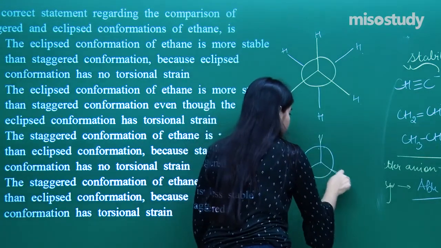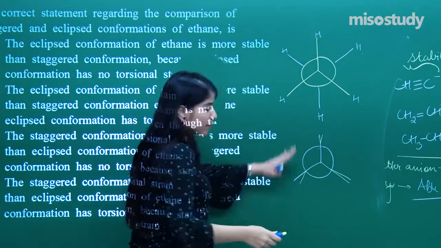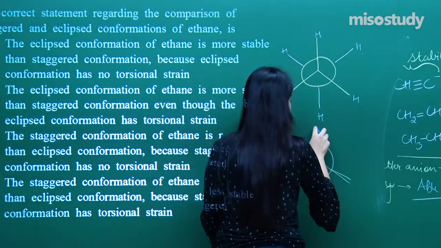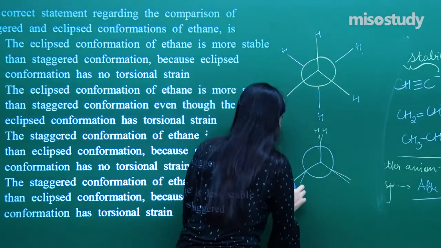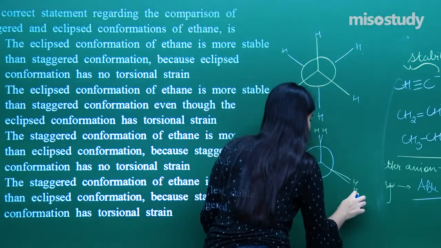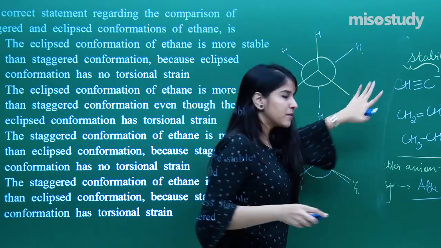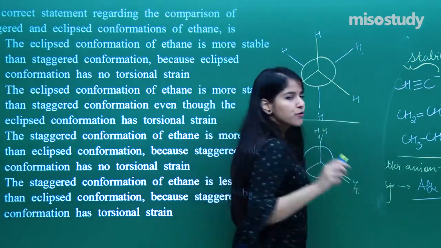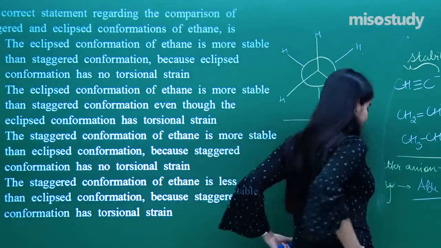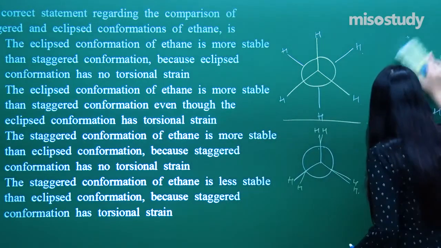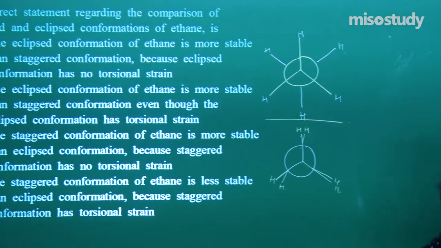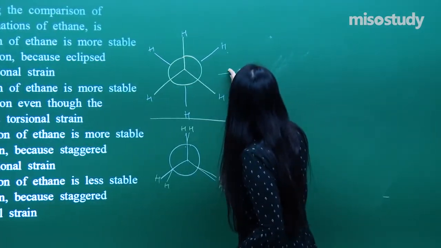What is this all about? Having maximum repulsions. This one is having the least repulsions. I hope you all have recognized this. This is staggered.